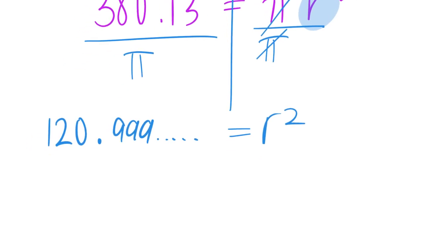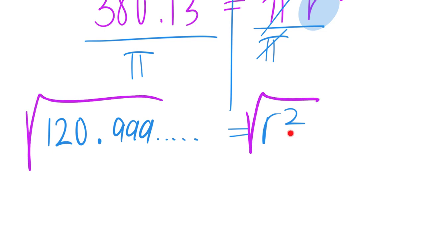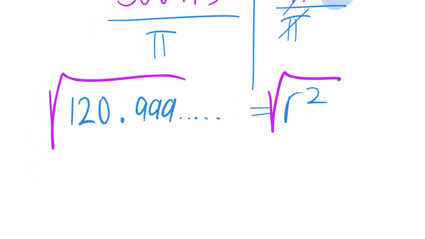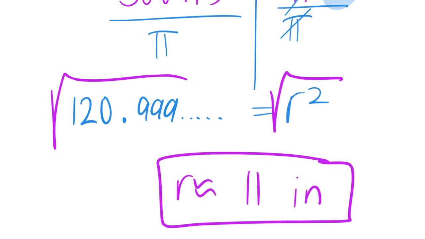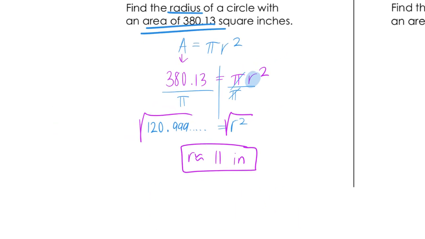Okay, so now we're going to square root both sides, because that's how you undo squaring something, right? So the radius is going to equal the square root of this, which is approximately 11. So we'll round it to 11. We'll say the radius is 11 inches. Notice I did not put square on the inches because it's not an area. This is just a length, so it should be normal units.